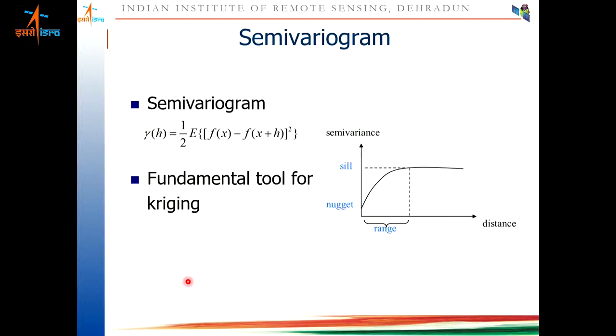So let's see what a semi-variogram is. To perform Kriging there are a few assumptions. Kriging is the name of the method to do interpolation.